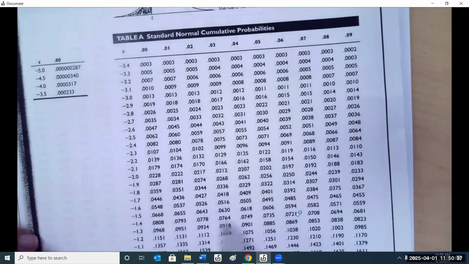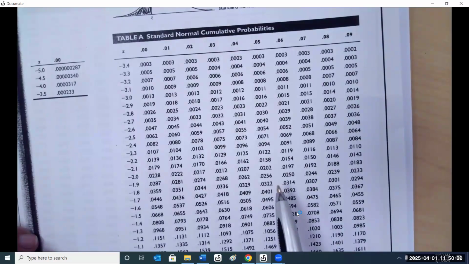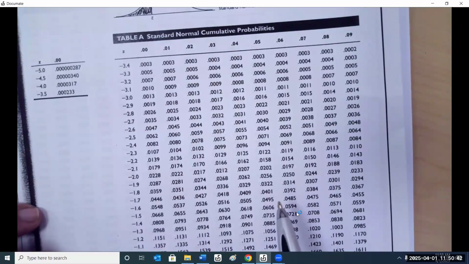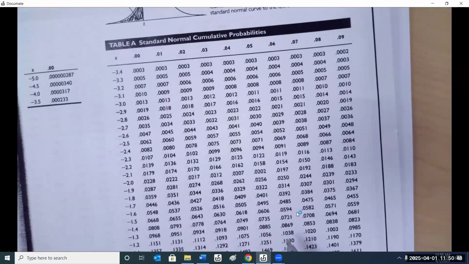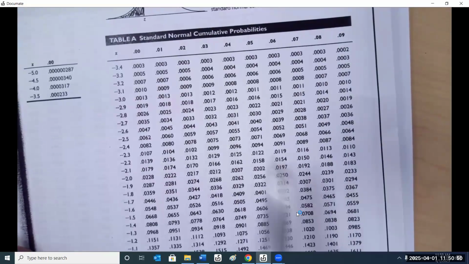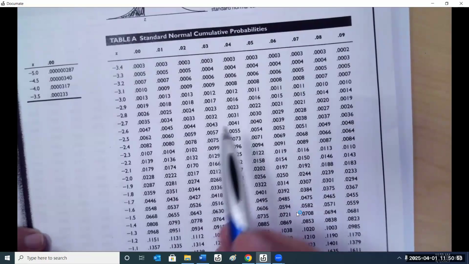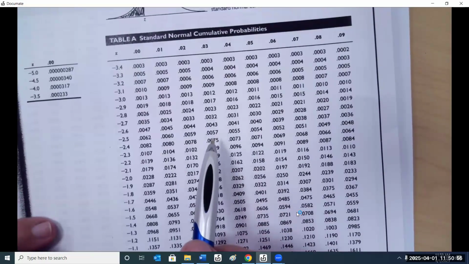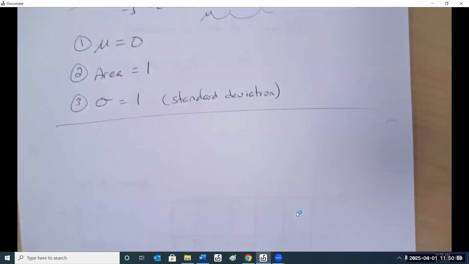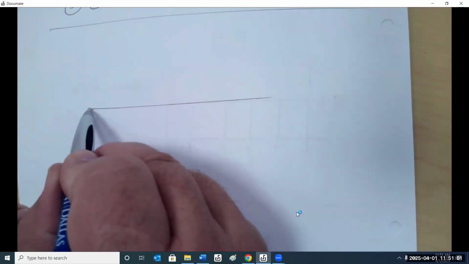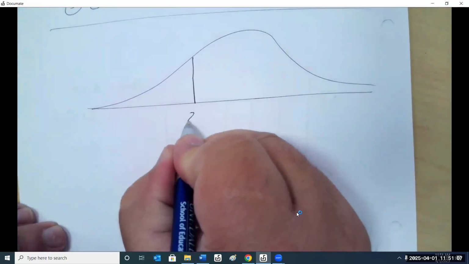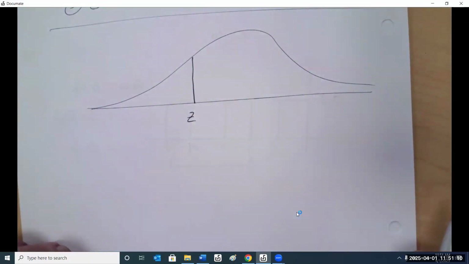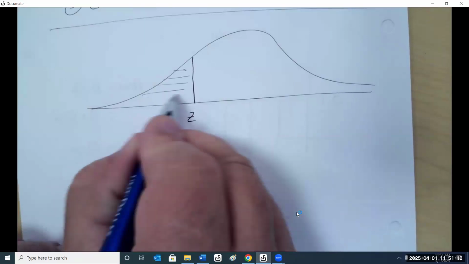With the chart, these numbers inside here are the area inside that curve of the shaded region. So whatever z-score that we get, whatever z value you get, it always reads to the left.